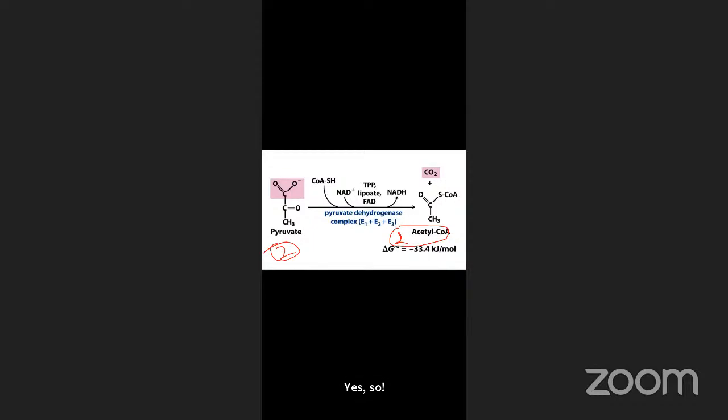Cytosol. Right. So pyruvate formation is also in the cytosol only. After formation in the cytosol, this pyruvate is transported to mitochondria.